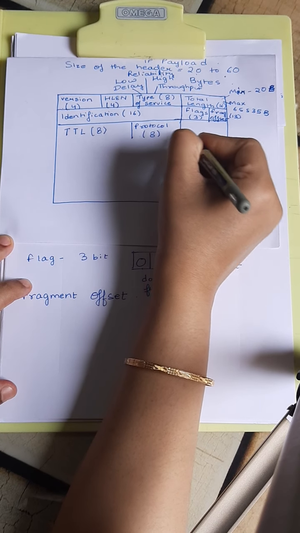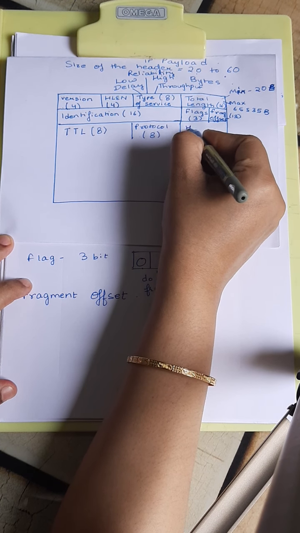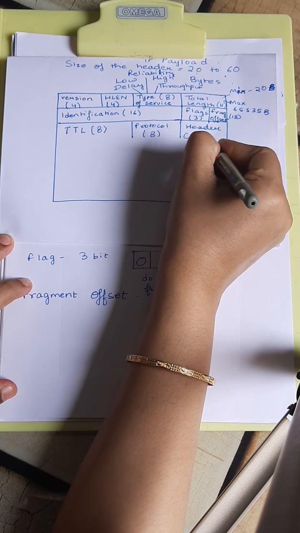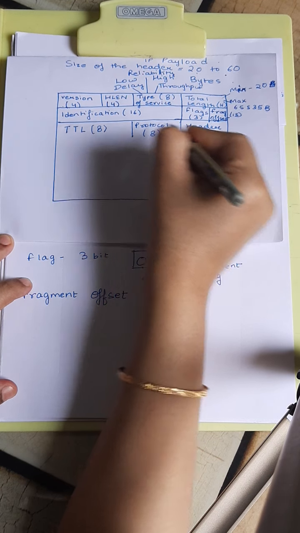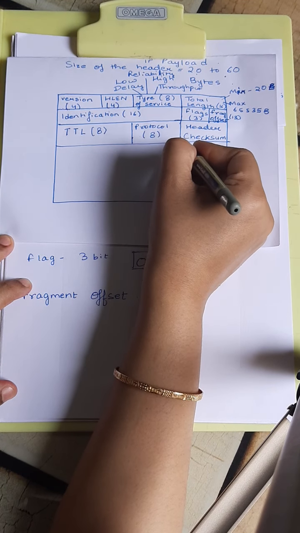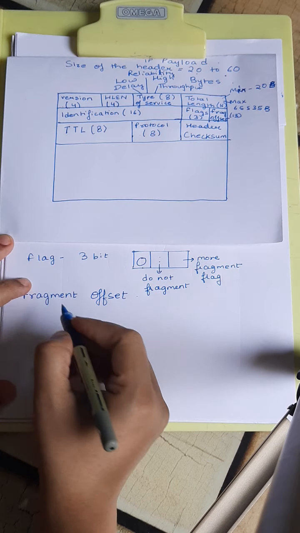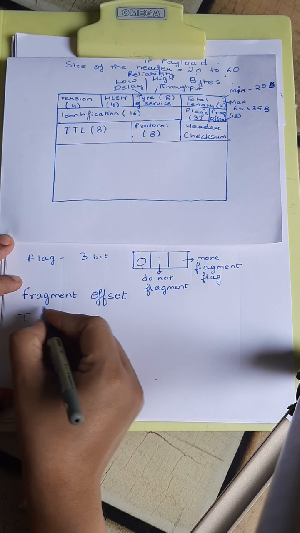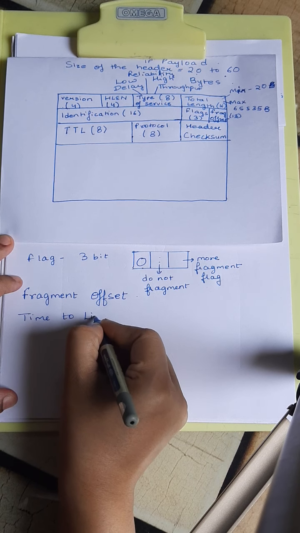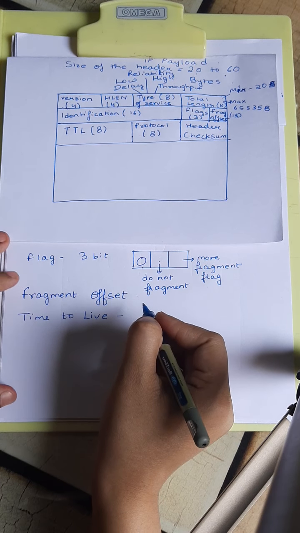And then we'll be having header checksum. We'll be having these 3 pieces of information in the third row. So in the third row, the first field is time to live.